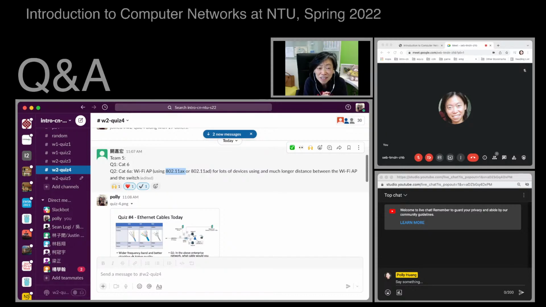And I don't know about you, sometimes I move my AP around so that a certain area in my home is better covered by Wi-Fi. So the distance between the AP and the switch can sometimes be a little bit more complicated. So we move the APs around from time to time. So 6A, I would say I agree with Team 5. It's a more flexible choice. But it will be a little bit more expensive, you see.